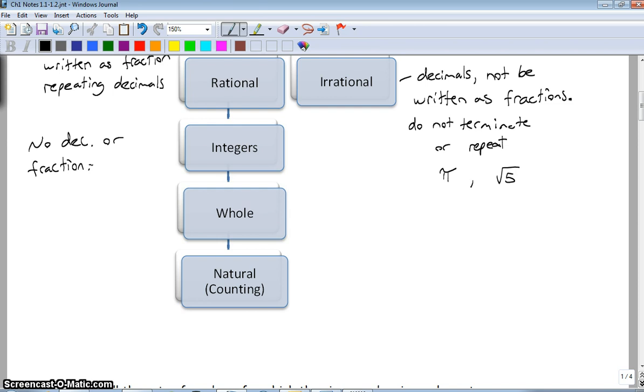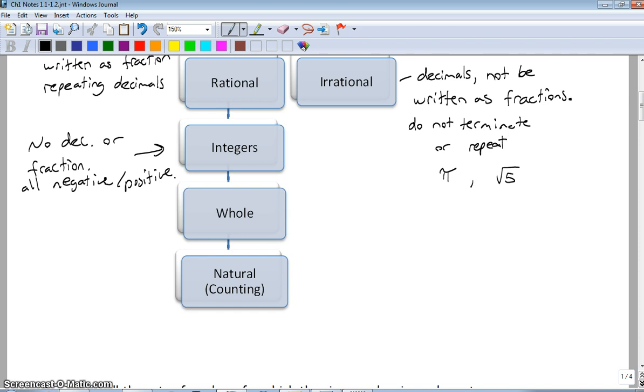So basically it's all negative and positive numbers. So that's this one here. Starting at negative whatever, -20, -19, -18, and so on, 0, 1, 2, 3, that is what integers are.